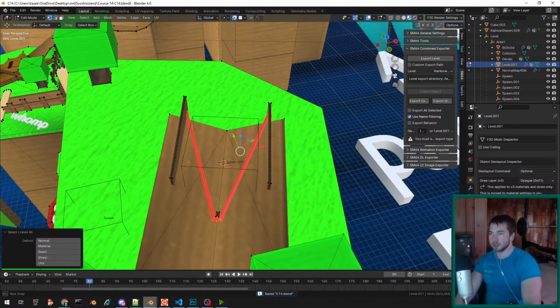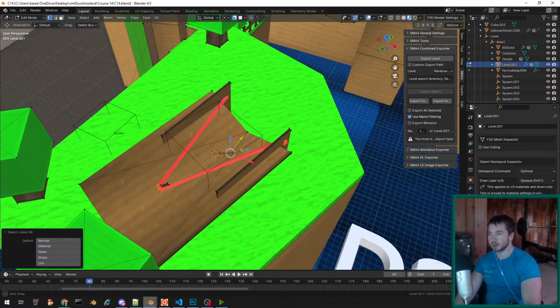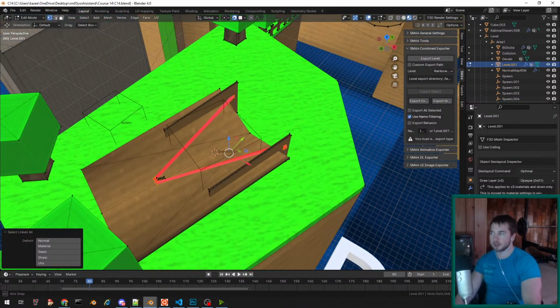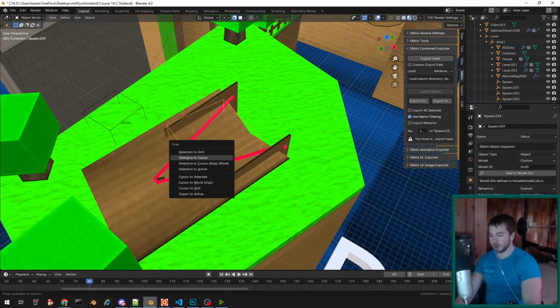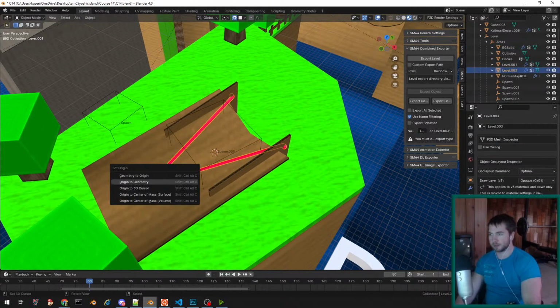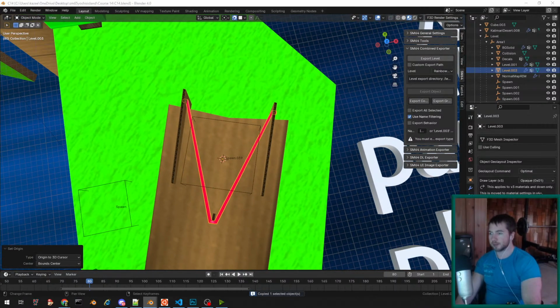Oh, there's a problem here, and that is that the way it's rotated, I don't like it. I think we can make it work anyway.